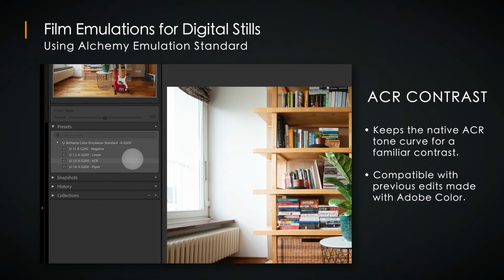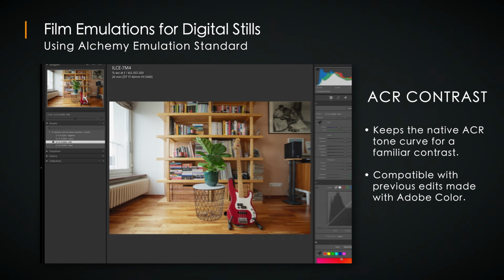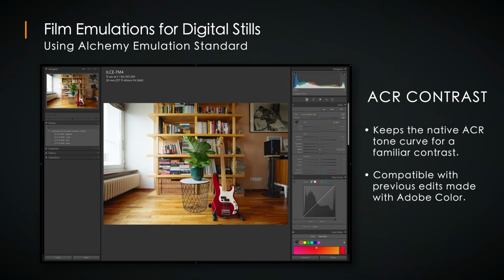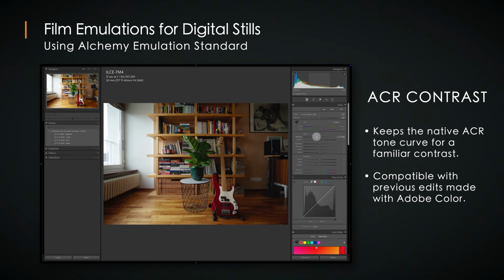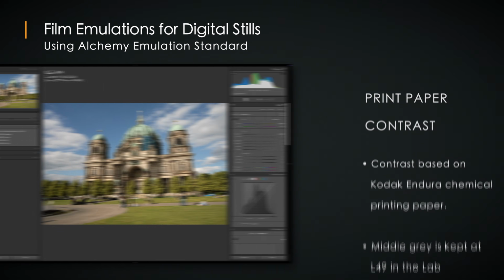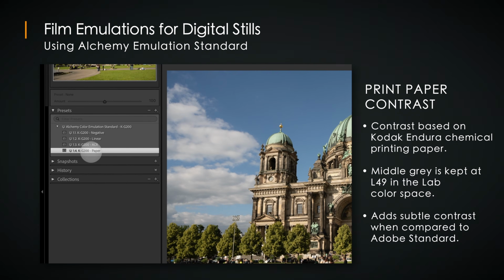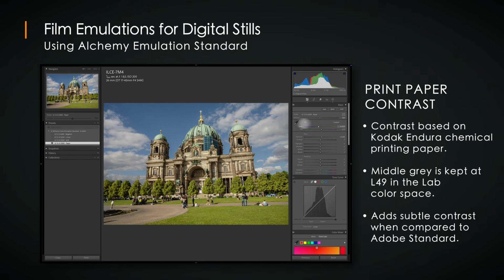ACR contrast. The emulation adds color and preserves the native tone curve, thus matching Adobe's default contrast. Paper contrast. The paper contrast lookup table used to invert the negative is based on Kodak Endura RA4 paper. This preset emulates that tone curve while keeping middle gray at 49 in the LAB color space.